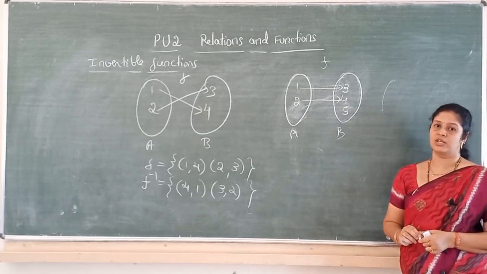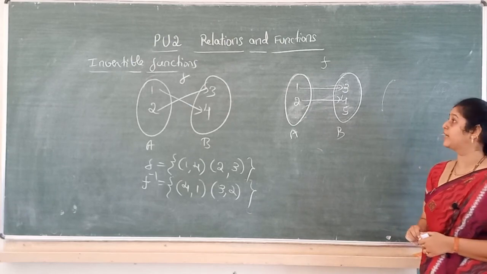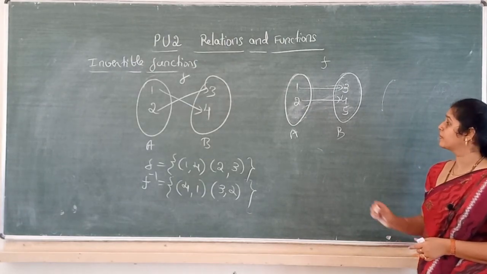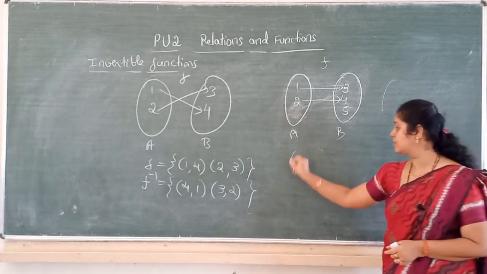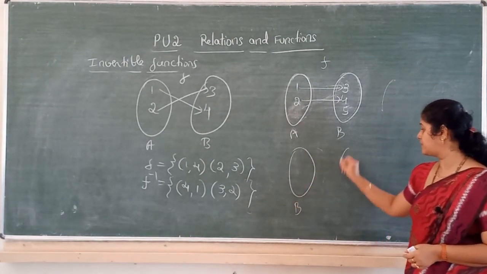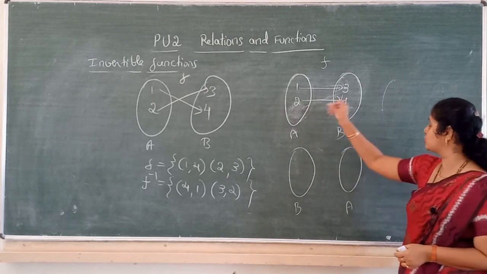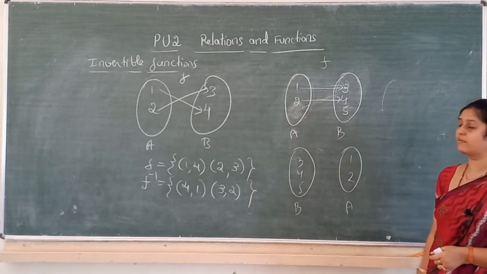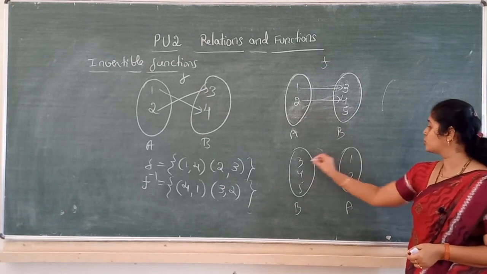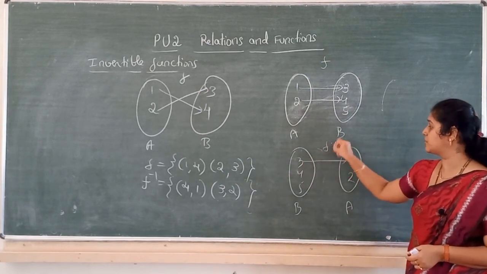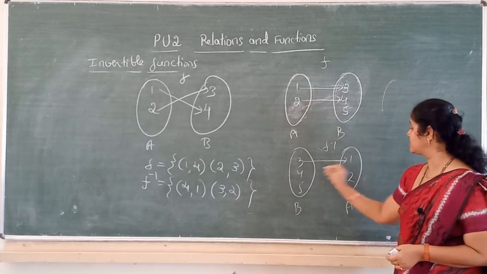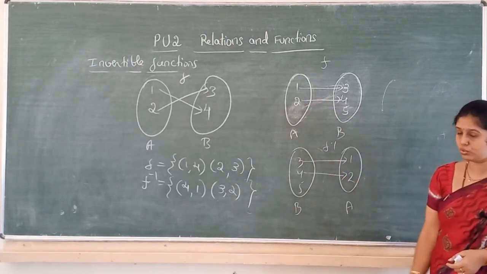What about f inverse? Does it exist? No, it doesn't exist. To define f inverse, this is set B and this is set A. The elements of set B are 3, 4, 5 and of set A are 1, 2. Then 1 goes to 3 means in the inverse 3 must go to 1, and 2 goes to 4 means in the inverse 4 must go to 2.